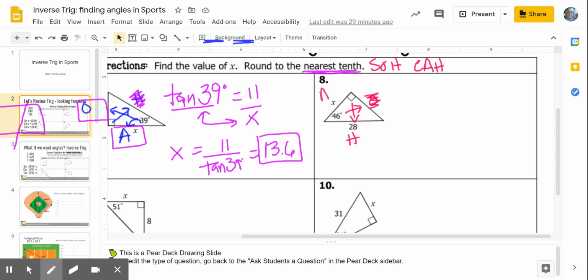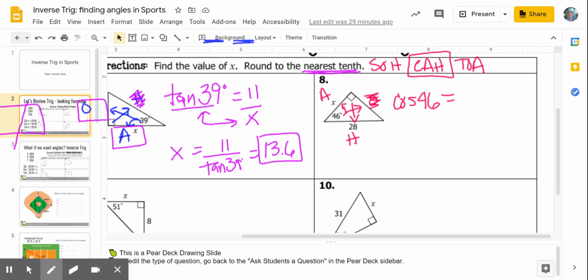And I have the adjacent. Perfect. So what relates A and H? Yep, the C. So I'm going to do cosine. What do I write next? Cosine of the angle equals.